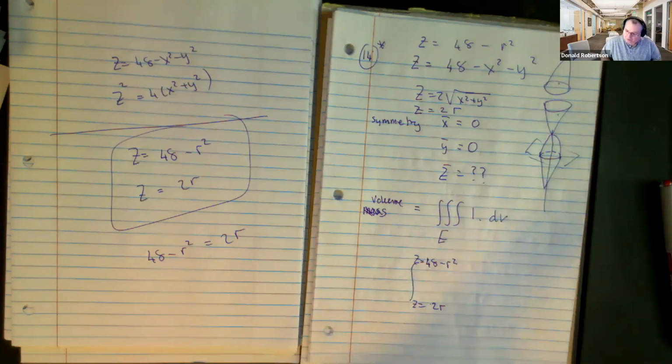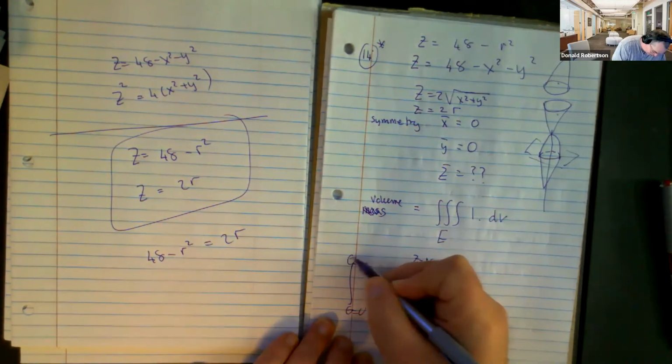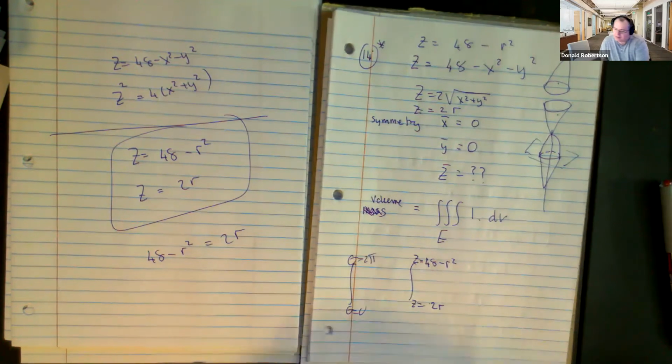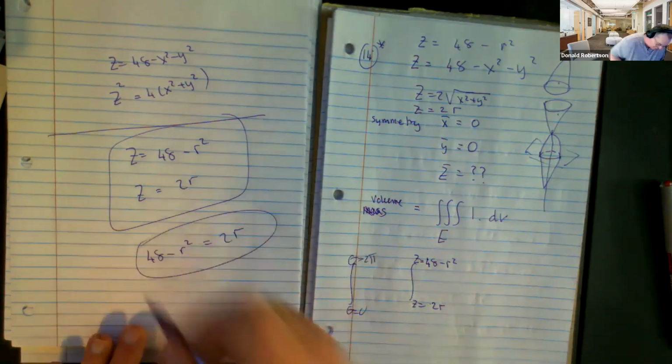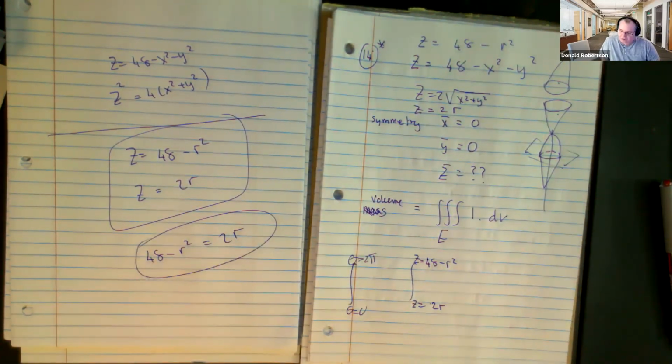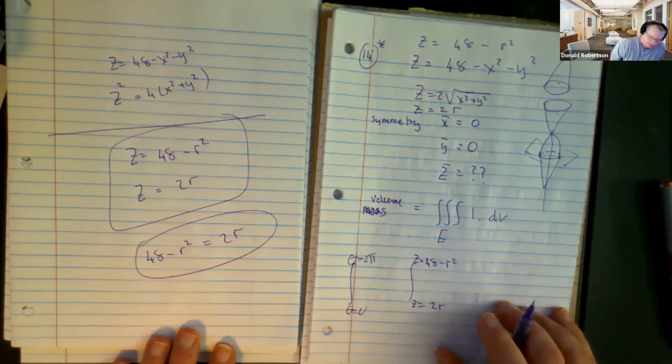I know it's a circle, I can visualize it's a circle. So don't I just need to know the radius? Because won't theta, because it's a whole circle, be 0 to 2 pi? You agree? So I need to find out what the radius of the circle is. I'm doing it that way because it's a little bit less work. Any suggestions for where I go next?